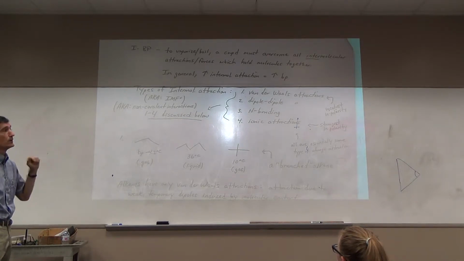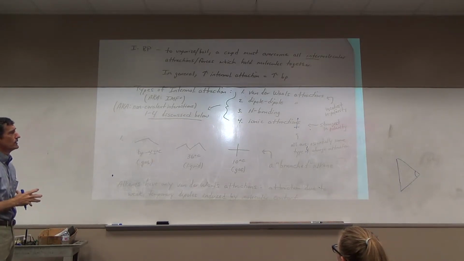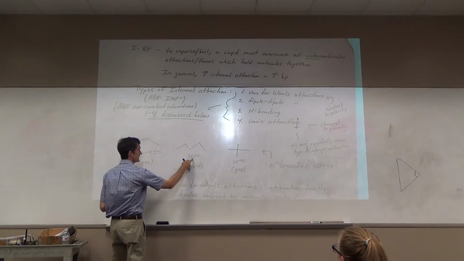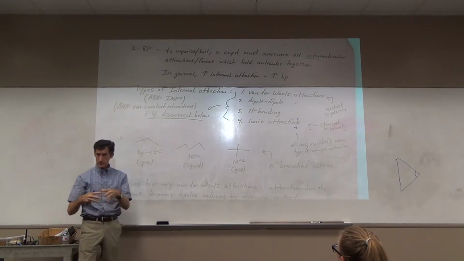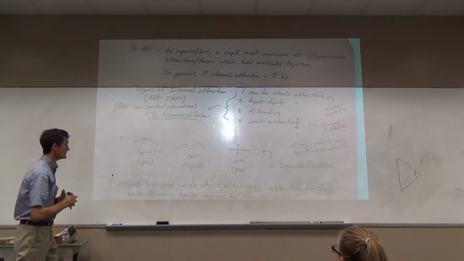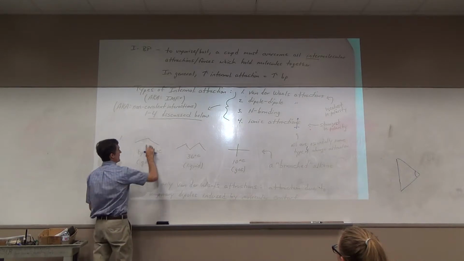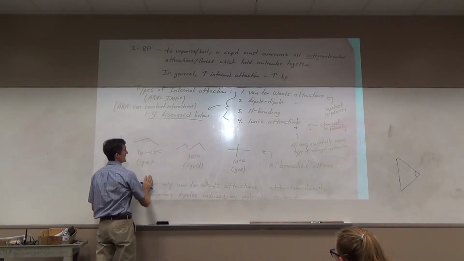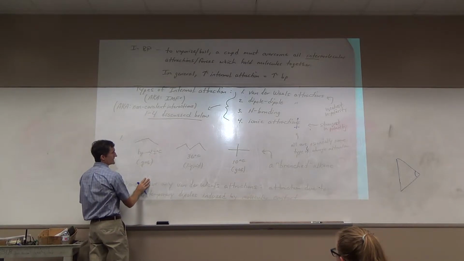Number 1. What does that mean, though? Yes, it means that too. More energy is needed to get the molecules to separate from each other. Okay, so let's boil it down to what exactly is going on here and what type of van der Waals. Surface area. Okay.